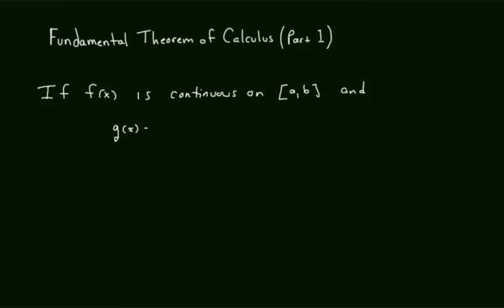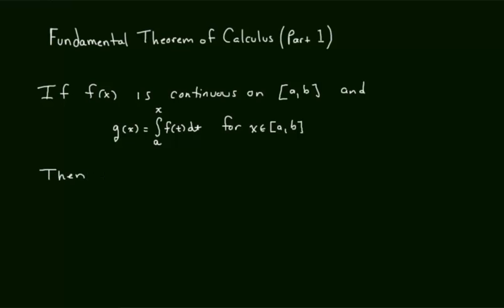I'm going to say g of x is the integral from a to x, and because x is in the bound, I have to use a dummy variable, f of t dt. This is essentially what we just showed with a little bit more fancy notation. And let's suppose that this is true for x belonging to the interval. Like we showed before, if we define that function, then the relationship is defined.